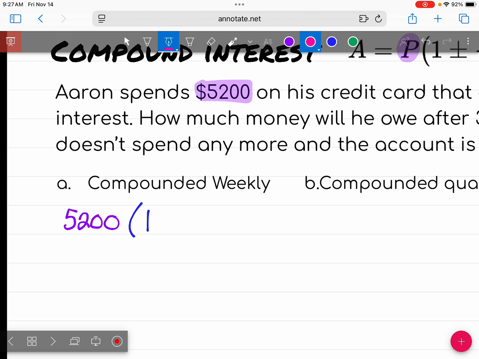If we set it up as he needs to pay this $5,200, that is the amount we're owing, we add the interest because he owes more. That's one of the reasons I have this one in here, because they love to play those games of owing and charging interest, so the double negatives still make it be growth.